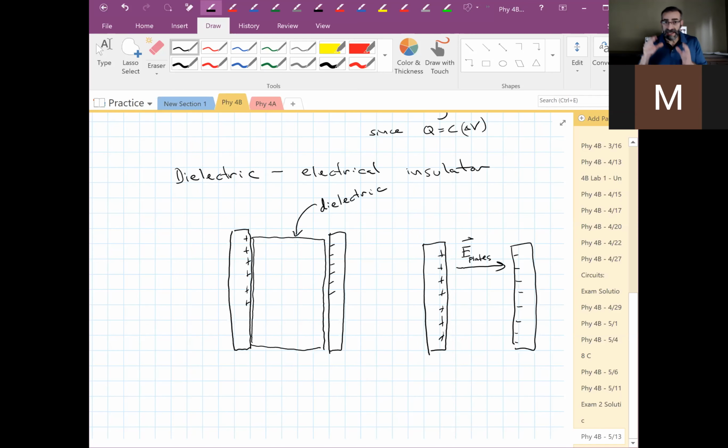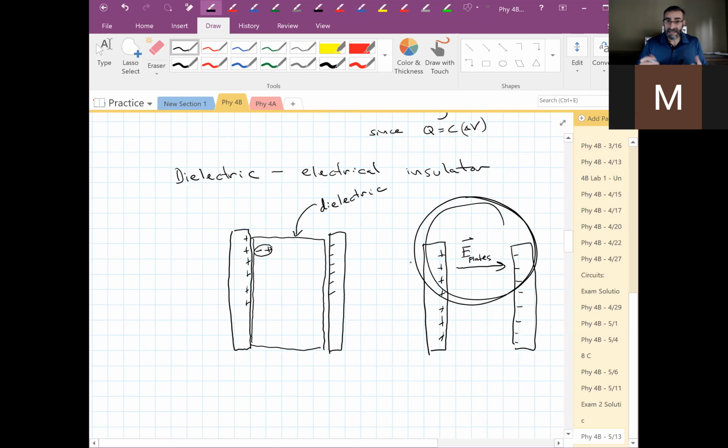So if we zoom in with our microscope at the atomic level, we've got an atom here that has a shift. The electron cloud shifts a little bit. That's one atom. The electron cloud shifts a little bit due to this electric field that's set up.